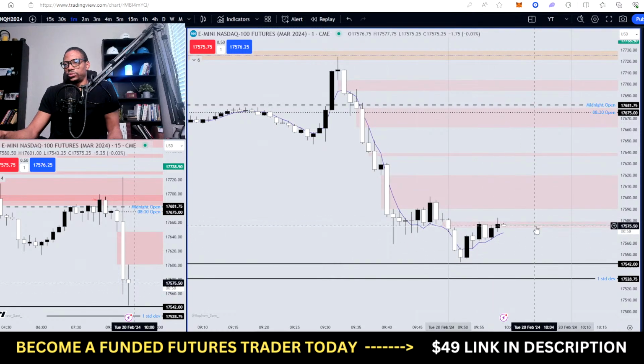And see if we get a trade above this fair value gap and it continues on and tests this level, 17,600.